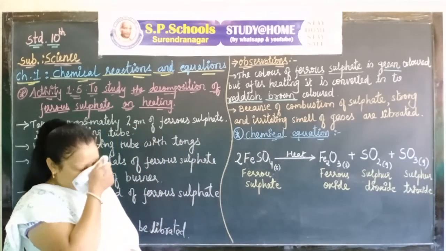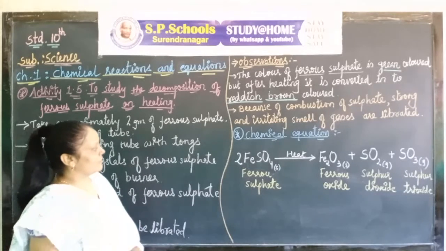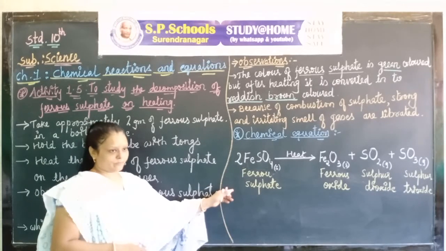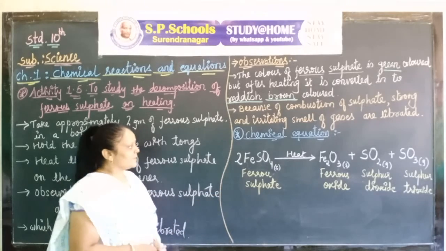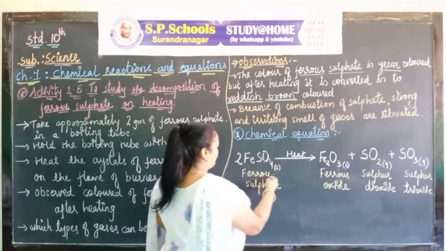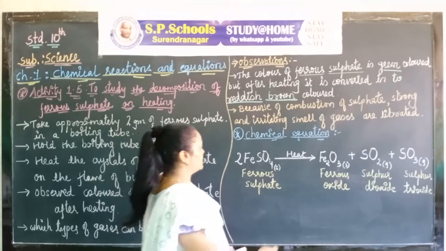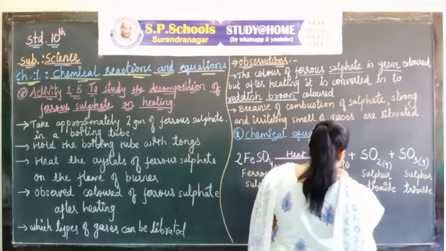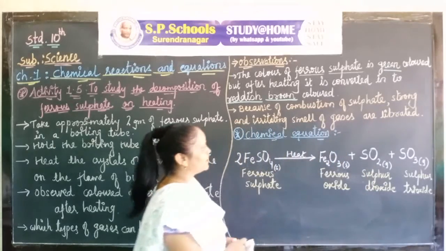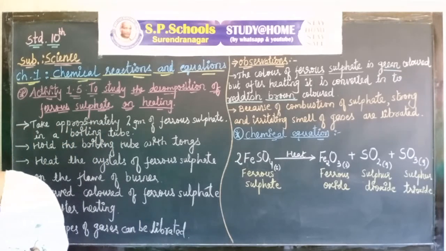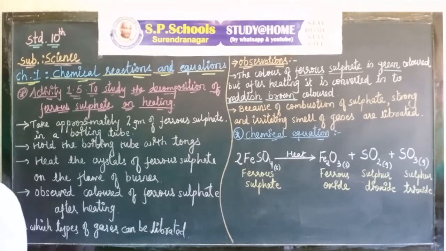Now, friends, here we take one substance which is called ferrous sulfate, and the product includes ferric oxide, and we have three types of products here.